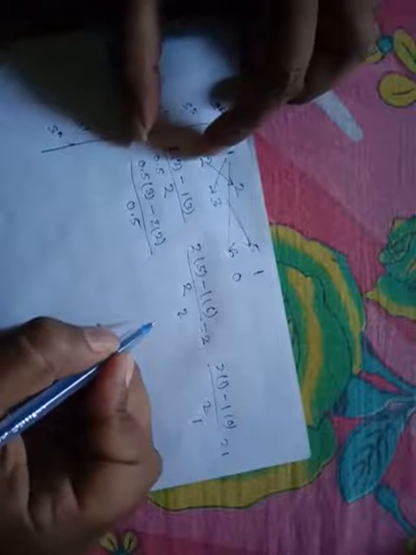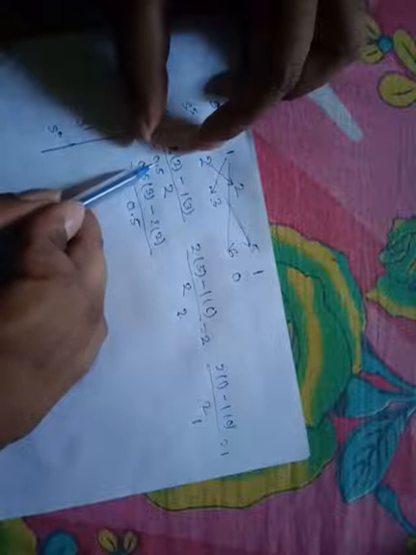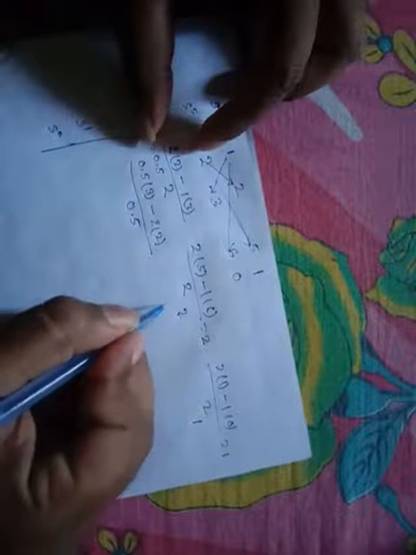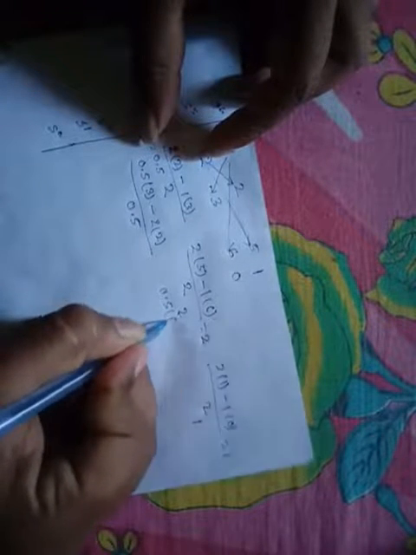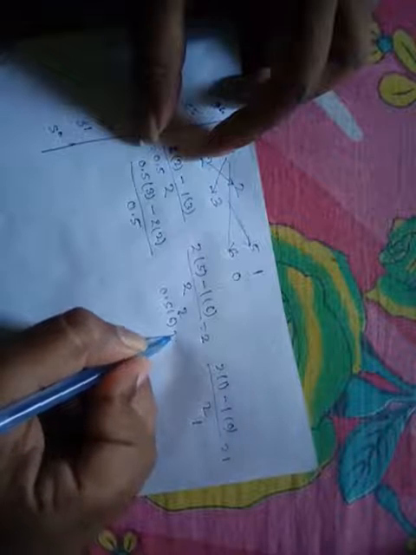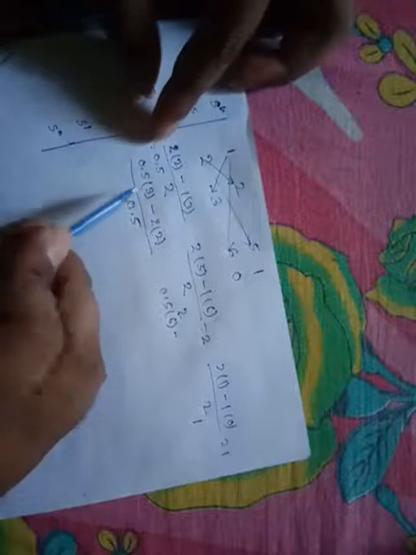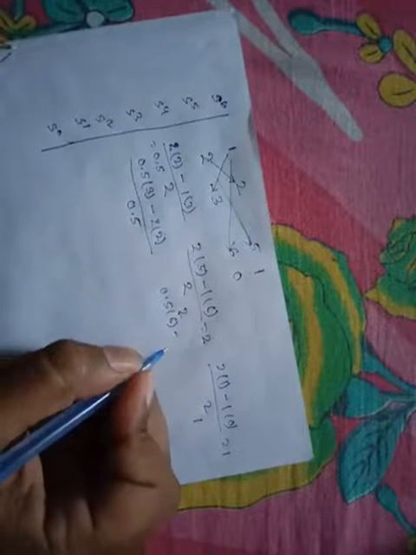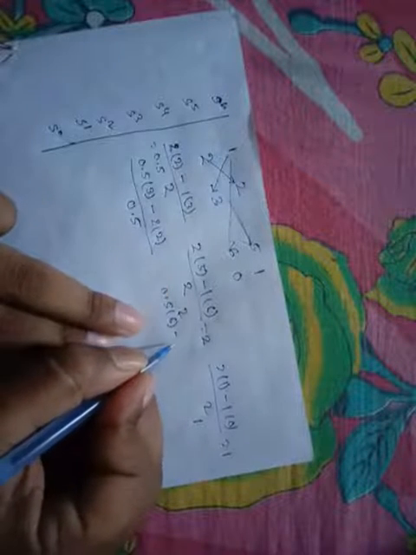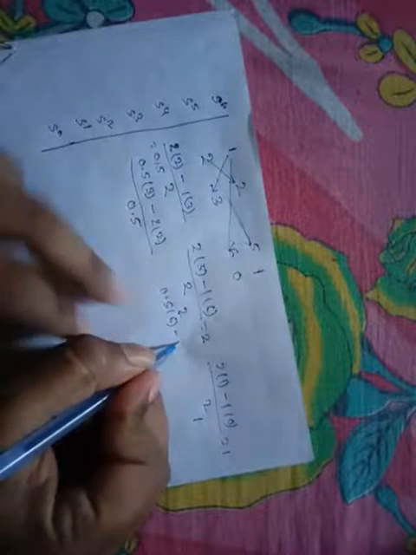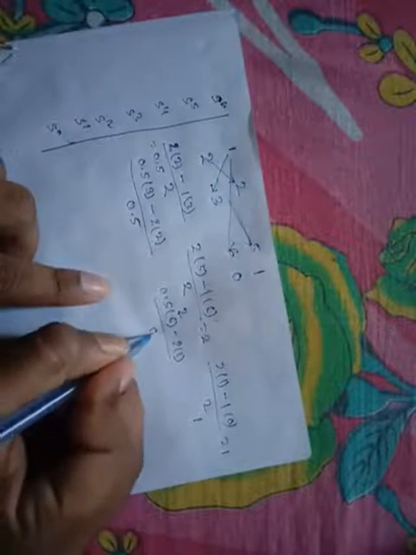And second, 0.5 is multiplied with 6 minus 2 multiplied with 1, divided by 0.5.